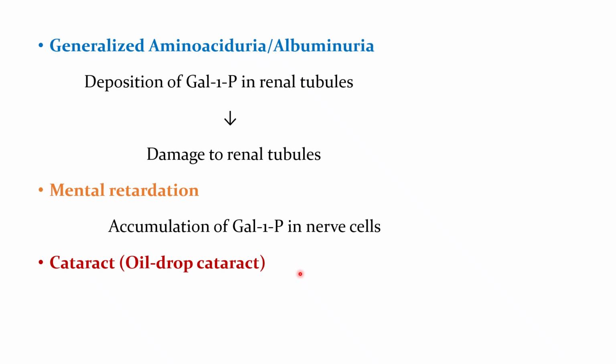Because of excess accumulation of galactose, galactose will be channeled to the polyol pathway, leading to accumulation of galactitol or dulcitol. This galactitol or dulcitol is an osmotically active substance that can cause osmotic damage to the lens, leading to loss of transparency of the lens and cataract.